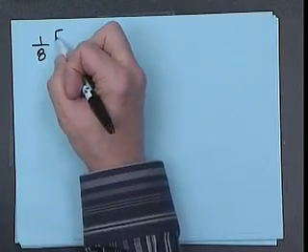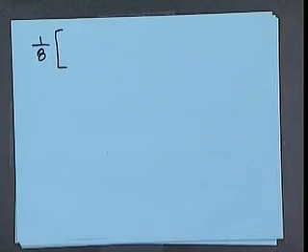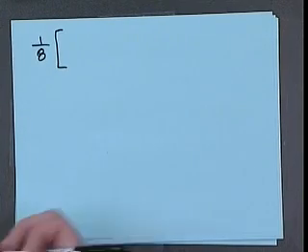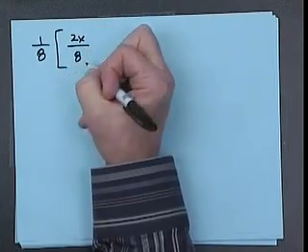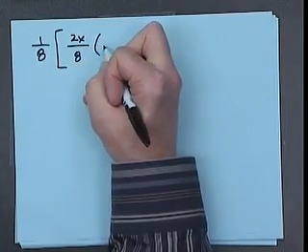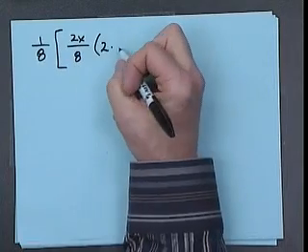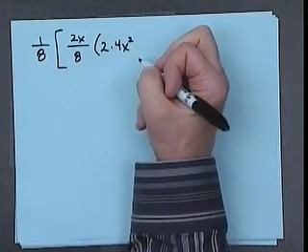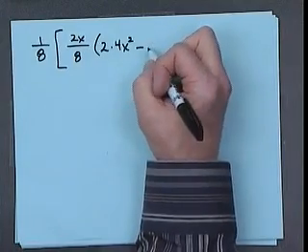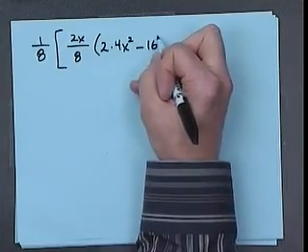So that 1/8 is because we didn't have a literal match, so that's part of the answer. There's also another 8, right? We've got u over 8, 2x over 8, 2 u squared. U squared is 4x squared. Is that right? Minus a squared, that's 16.